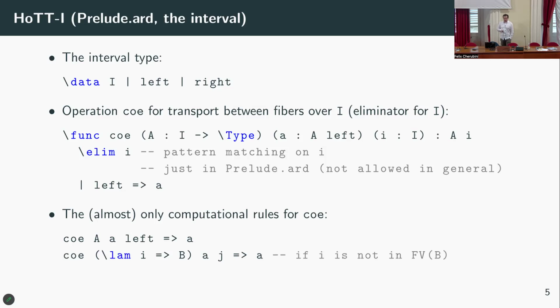Well, almost all computational rules, I will give one rule later, are just as listed. So very natural rules saying that, okay, on the left it computes to A, and it's just A if I is not bound.